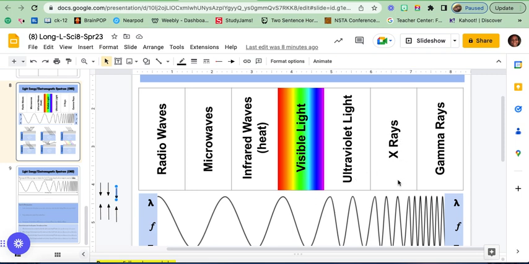So X-rays. We're getting into dangerous territory here with X-rays and gamma rays, and we can see that there's something that's increasing and that's happening down here with this wave. The waves are becoming closer and closer together, which is dangerous levels of exposure to a wave, right? Waves can do damage and can be harmful to us.